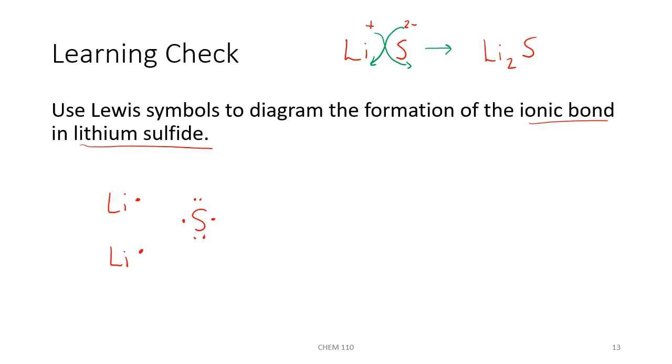In this example, lithium is going to give up 1 of its valence electrons to sulfur, and another lithium atom is going to give up another valence electron to sulfur. So we're going to have this 1 electron form a pair here, and this other electron form a pair here. That is how sulfur will have a complete octet. It'll gain 2 electrons from 2 separate lithium ions.